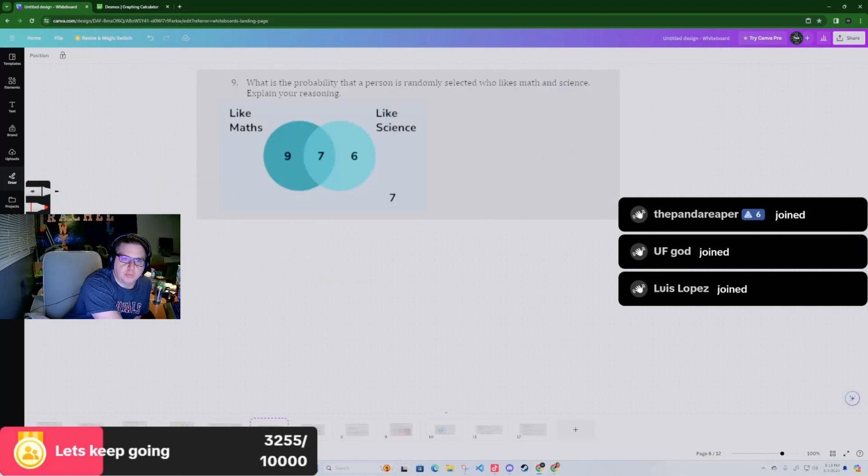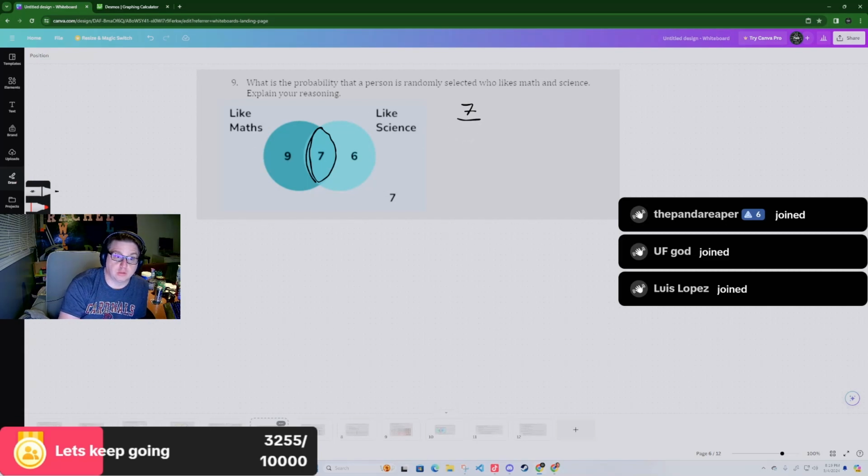Number 9, what is the probability that a person is randomly selected who likes math and science? Explain your reasoning. So the people that like math and science means that they're in both circles. And that means we're looking for where the two intersect. So we're looking for the intersection, which is 7, out of our total.